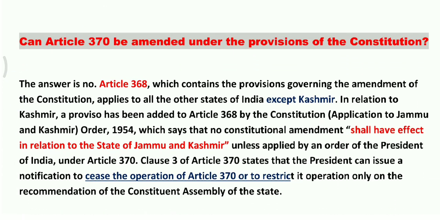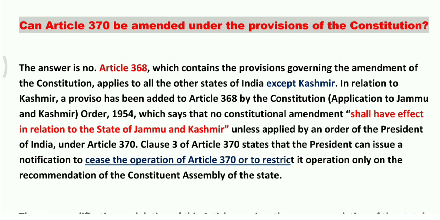Can Article 370 be amended under the provisions of the Constitution? The answer is no. Article 368, which contains the provisions governing the amendment of the Constitution, applies to all the other states of India except Kashmir. In relation to Kashmir, a proviso has been added to Article 368 by Constitution Order 1954, which says that no constitutional amendment shall have effect in relation to the state of Jammu and Kashmir unless applied by an order of the President of India.